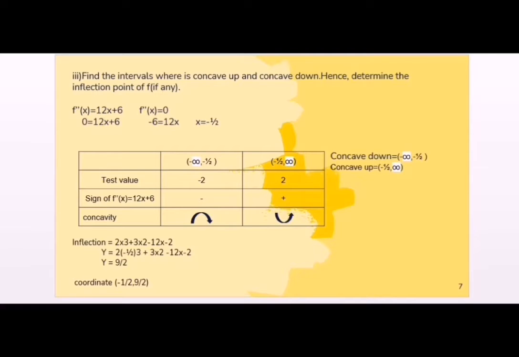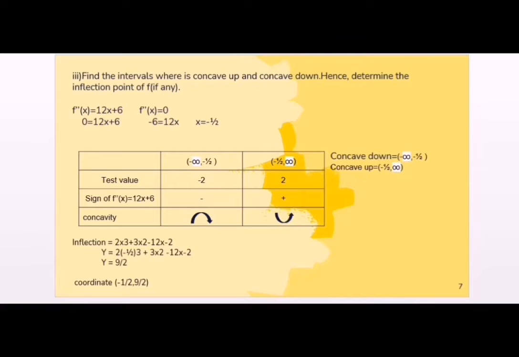Okay, the next step is we complete the table below. In the table, first we write down the intervals: negative infinity to -1/2, and -1/2 to infinity. Next is the test values. We also must write the test values: -2 and 2. After we jot down the test values, we write the sign of f''(x). The signs are negative and positive.